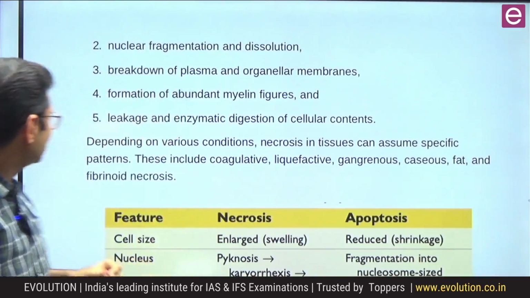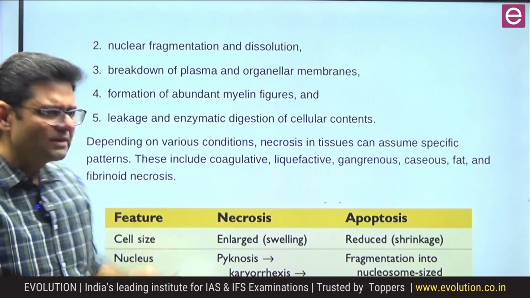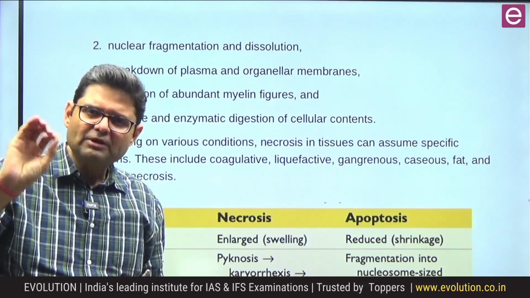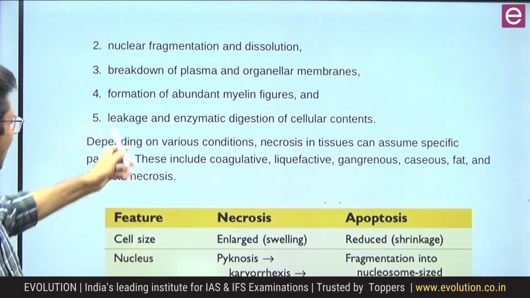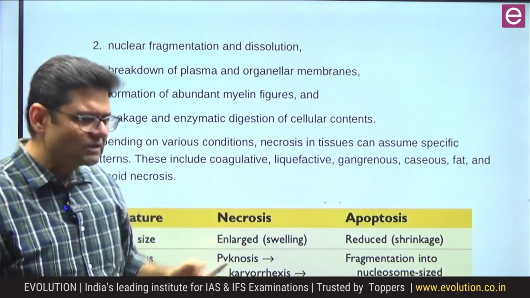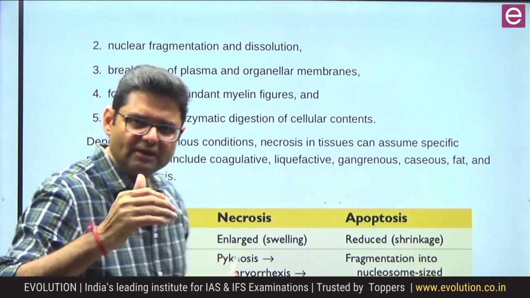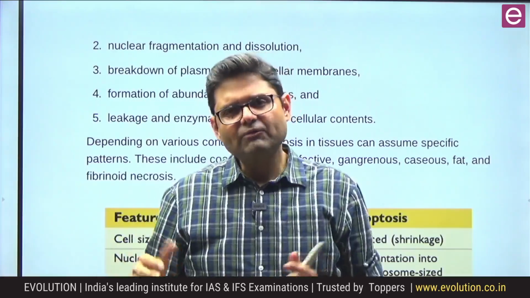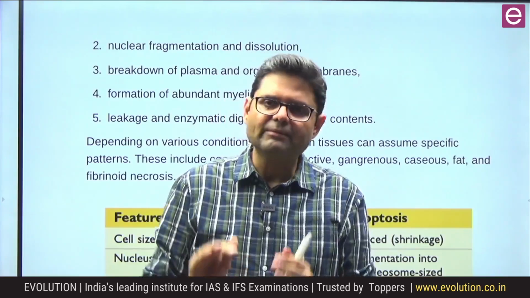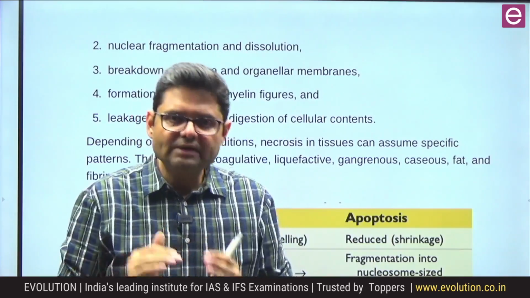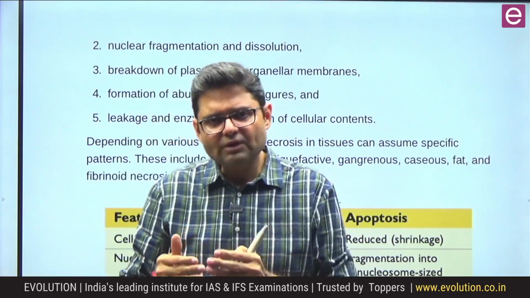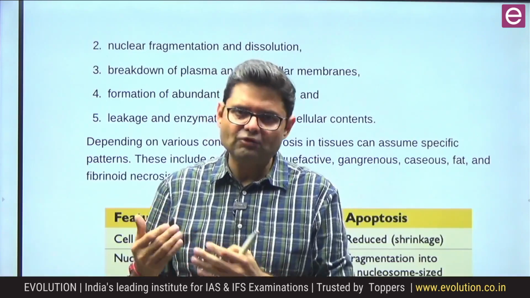Formation of abundant myelin figures, small fibrous fragments, and leakage and enzymatic digestion of cellular content. Some of the content will leak away and some will be randomly digested by enzymes. Because it is accidental, injury-induced death, there is no specific clean pattern.